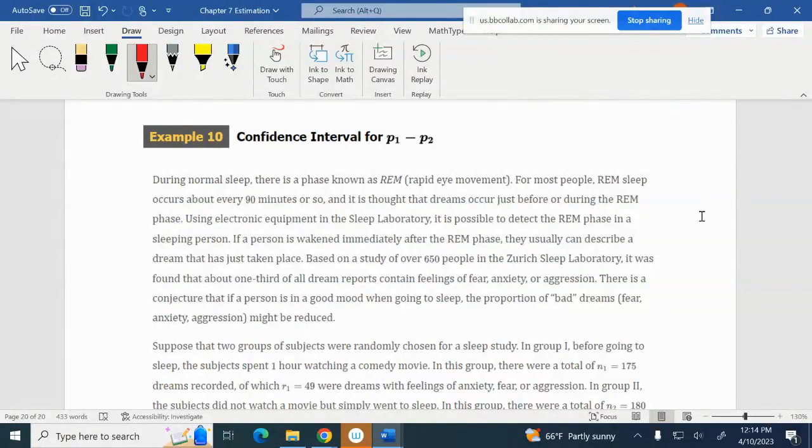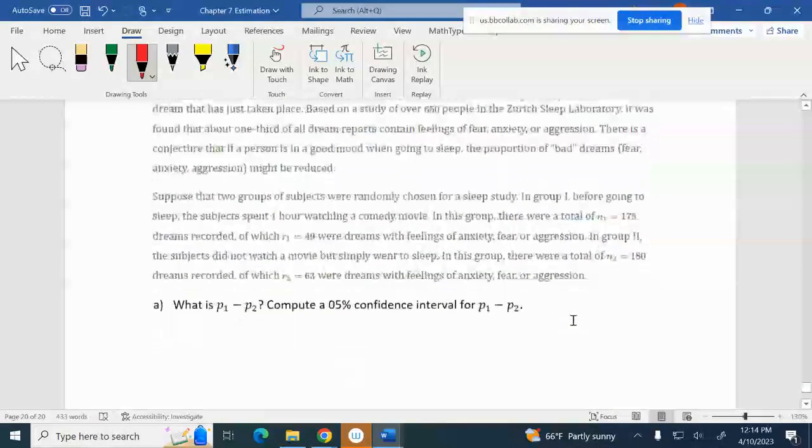The very beginning of your sleeping is not quite deep, but we are dreaming and the eyes are moving. It's about 90 minutes at the beginning. During REM sleep, using electronic equipment in the sleep lab, it's possible to detect REM. It's a study of sleeping.